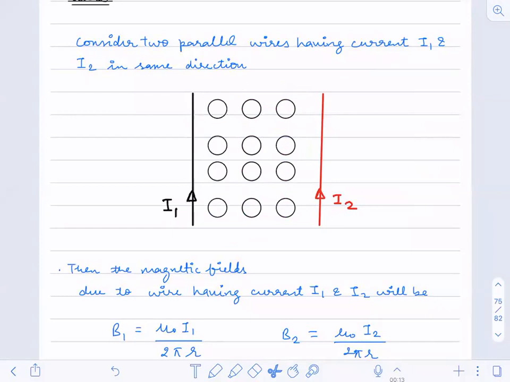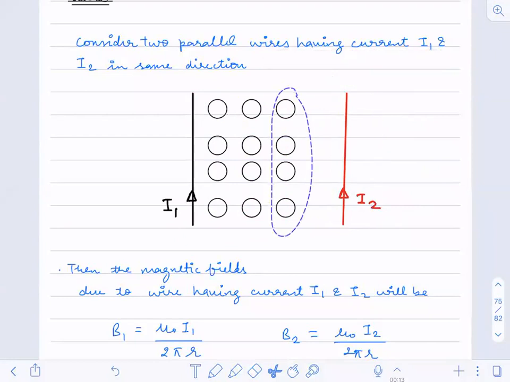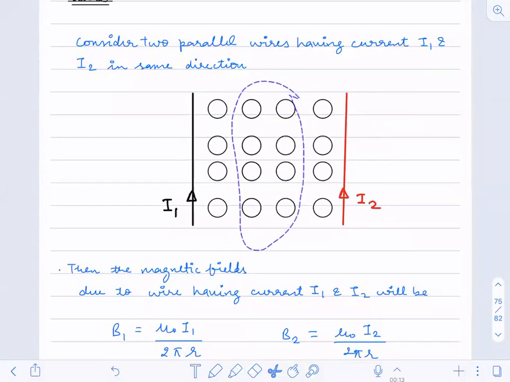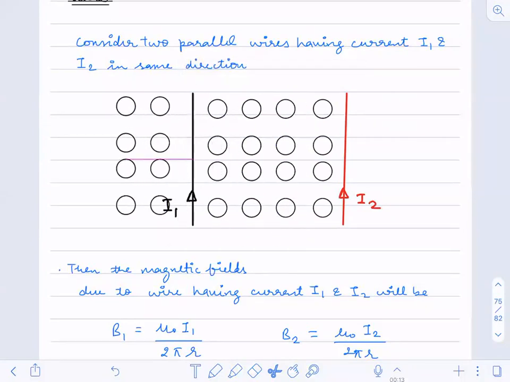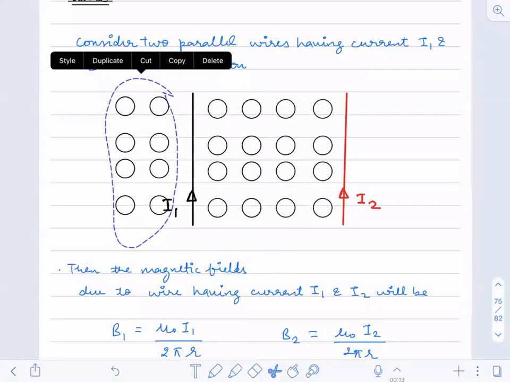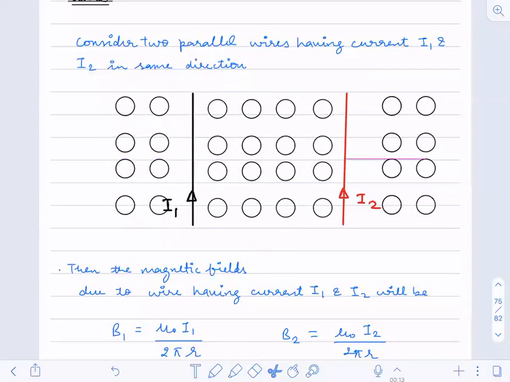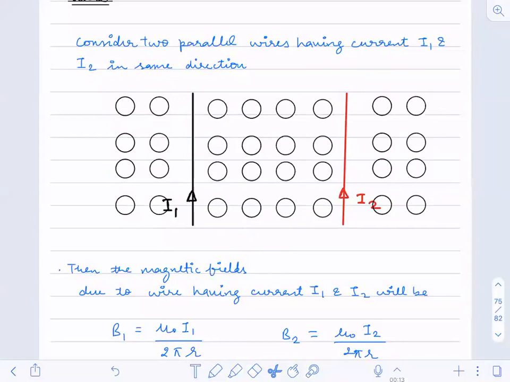Okay. There are so many people who are saying outward to the screen. How will you get outward to the screen? It will be inward to the screen.